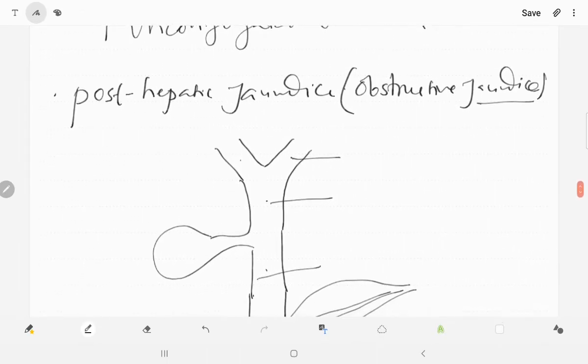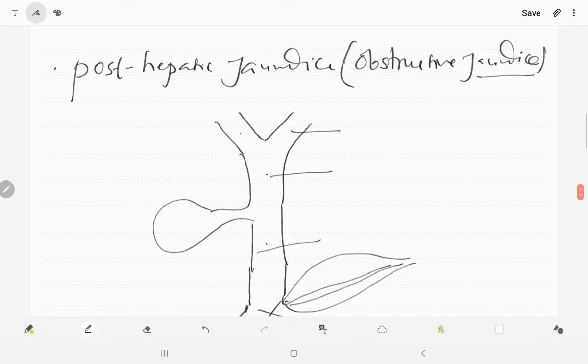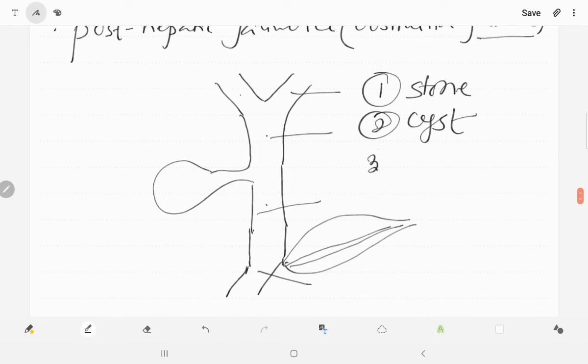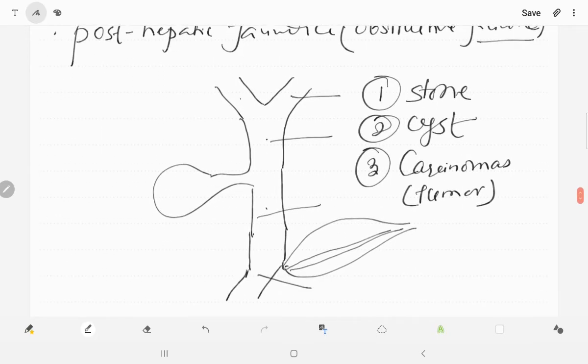So what are the cause of this obstruction? It can be any stone, cyst, carcinomas, basically tumor, or stricture.